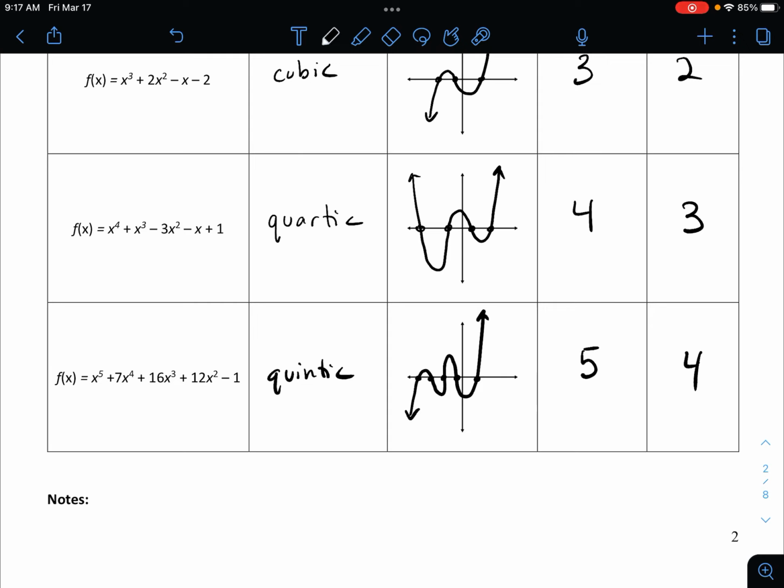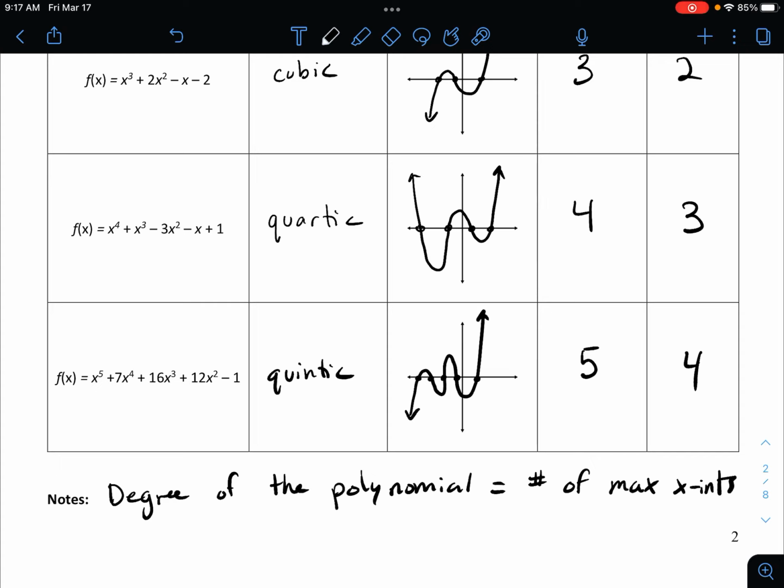So what things do we notice? Well, what we should notice is that the degree of the polynomial, right, for example, if I've got a quintic function, my highest degree is 5, right, so this is a degree 5 polynomial. The degree of the polynomial equals the max x-intercepts, right?